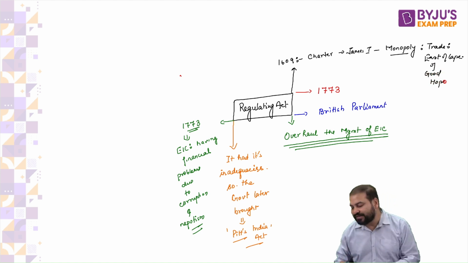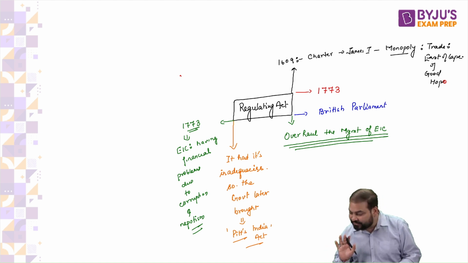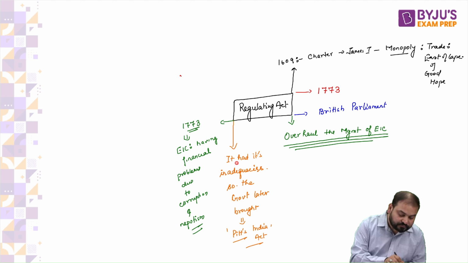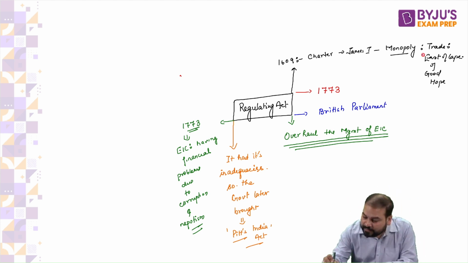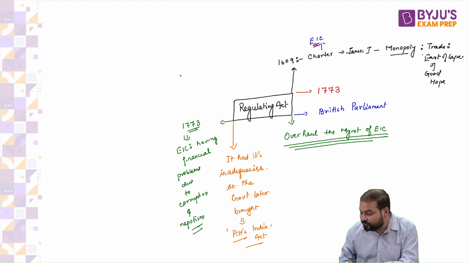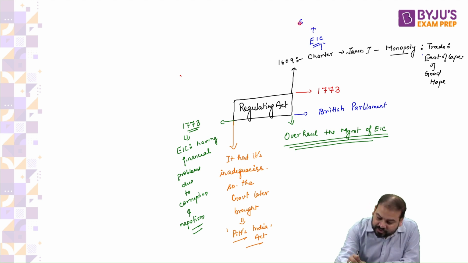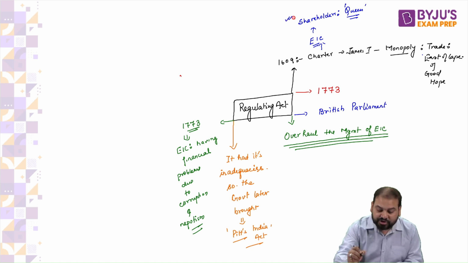Everyone, we have studied this in the second lecture. And let me tell you guys, this charter was given to the EIC's shareholders, which included even the Queen, even the royalty. They had a share in this.